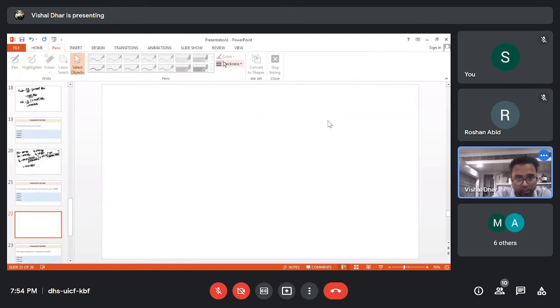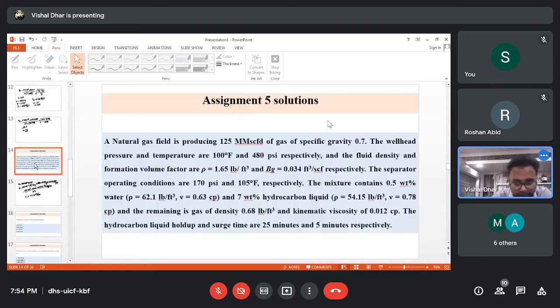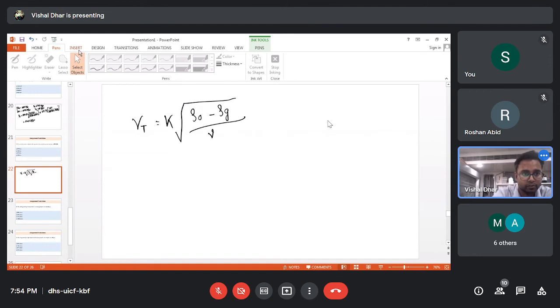The formula for that will be vertical terminal velocity Vt equal to K times the square root of density of oil minus density of gas, divided by density of gas.